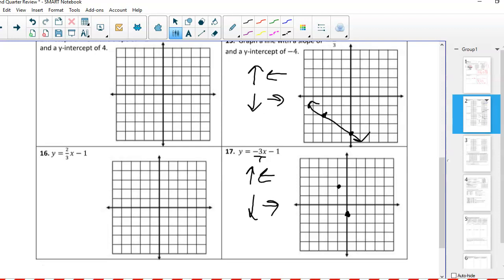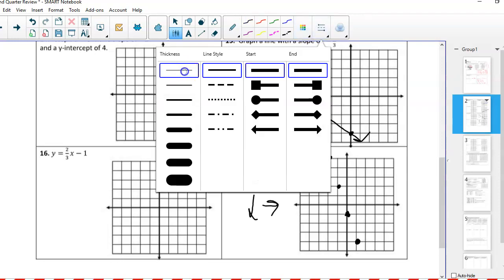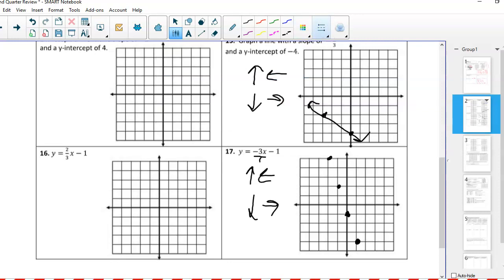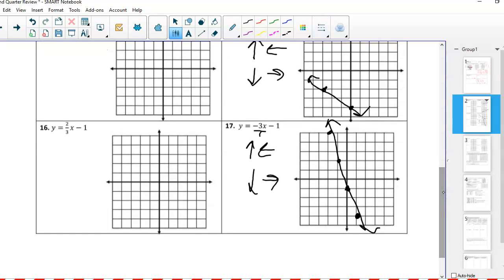So do that as many times as you can. And you should be able to get 4 total points. First, because of your slope. Your slope is always your y's over your x's, so you have to do something vertical first.